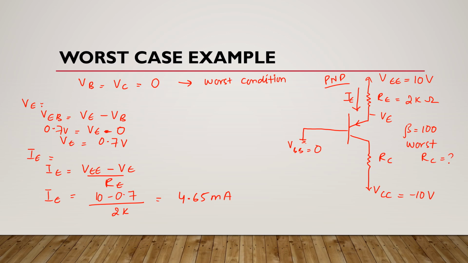Okay, so this is your emitter current. Now we will find alpha. We know that alpha is equal to beta divided by 1 plus beta. Here beta is 100 and it will be divided by 101 because 100 plus 1 is 101, and after solving this we will get 0.99. So this is alpha.